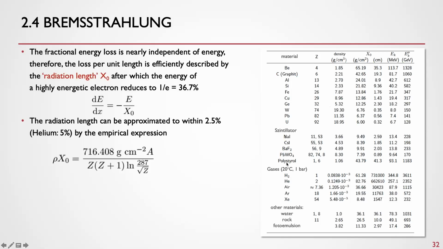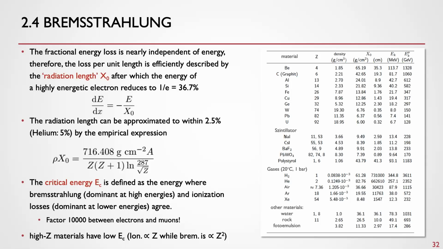We're going to discuss scintillation detectors. Here you have the lead tungstate average radiation length of 0.8 centimeters. And below here in gases, of course, these are normal conditions, that's 20 degrees Celsius and 1 bar. Of course, the stopping power is much lower, and conversely, the radiation length much larger.